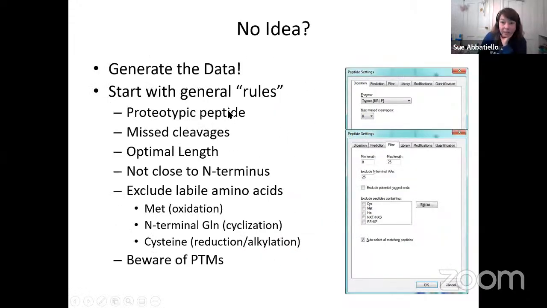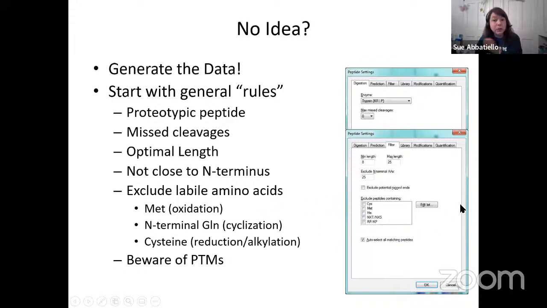If you have no idea where to start, you can do in silico digestion and generate in silico versions of the targets that you would be looking at. So you start with the general rules, and these are some settings in Skyline that you can set up for doing digestion and looking at numbers of miscleavages and what the optimal peptide length is.